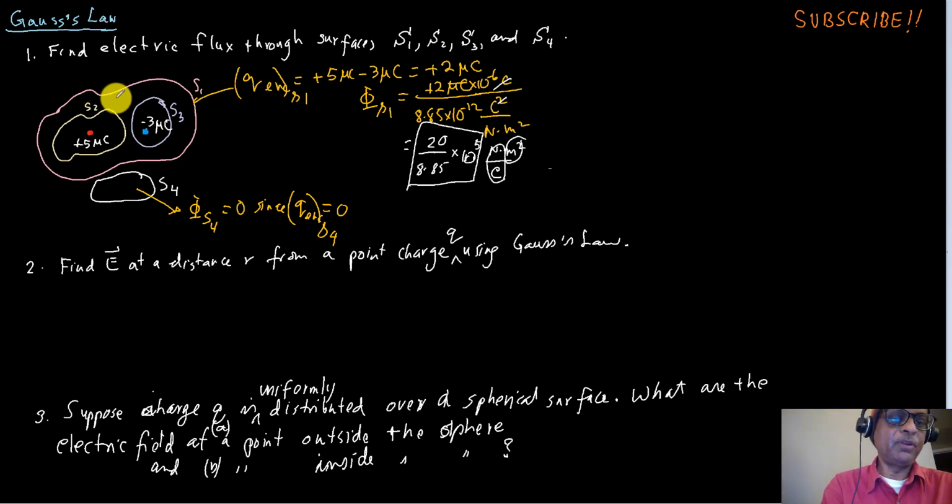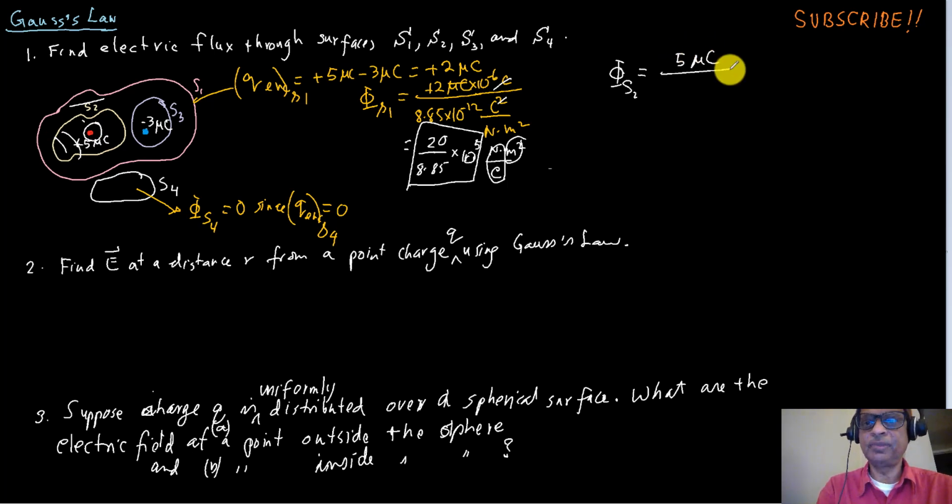Okay, so if I look at S2, this surface encloses only this charge. So phi S2 will just be 5 microcoulomb over epsilon naught.